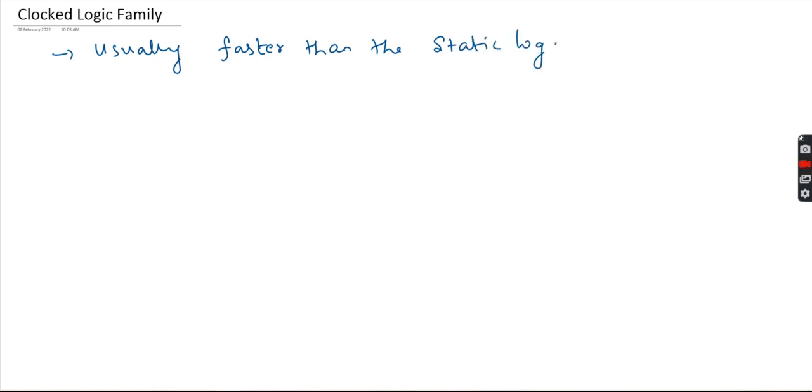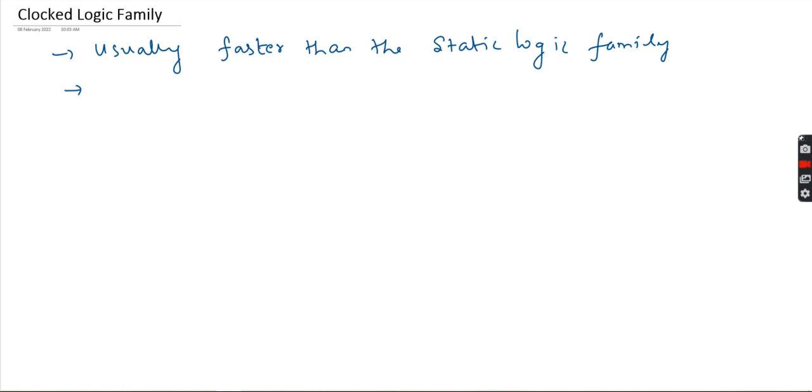Now in this clocked logic family, it is usually faster than the static logic families which we discussed previously. The performance usually comes at the expense of high power dissipation.